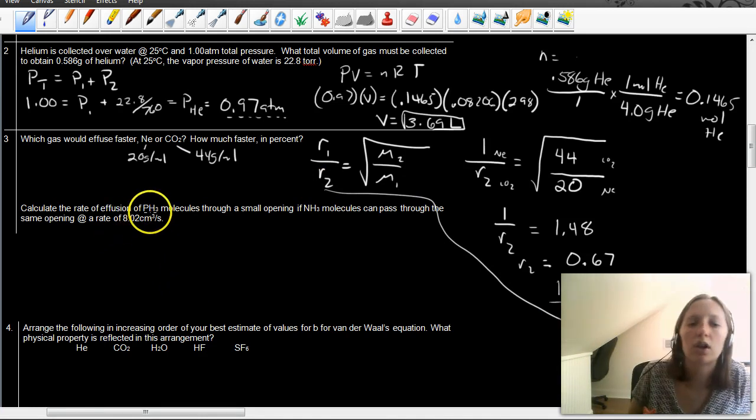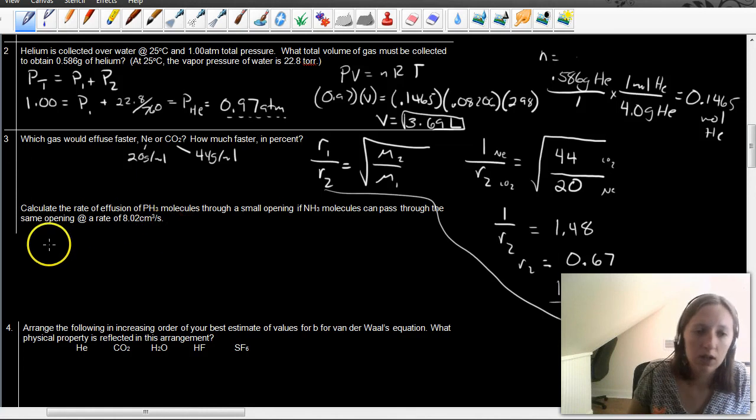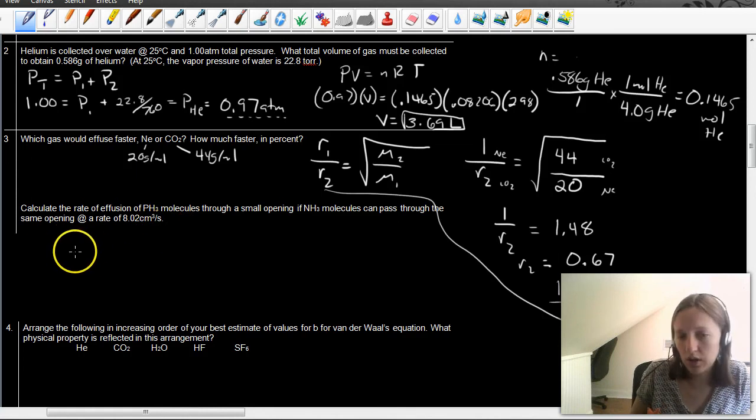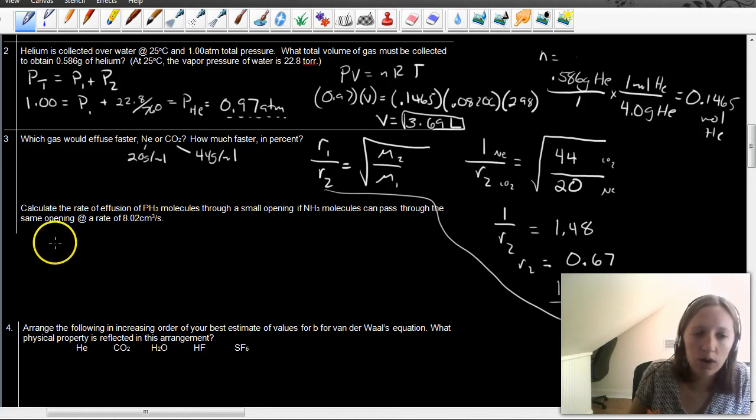All right. Question 3, part B. Calculate the rate of effusion of phosphorus trihydride molecules through a small opening if ammonia molecules can pass through that same opening at a rate of 8.02 centimeters cubed per second. So this is just a plain old Graham's law of effusion question. Here's particle 1 and here's particle 2. We don't know the rate of PH3.